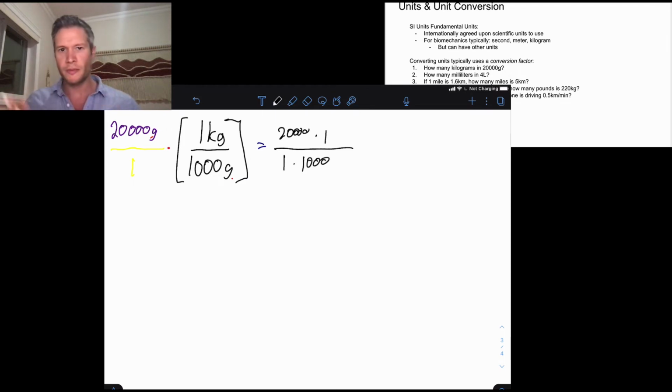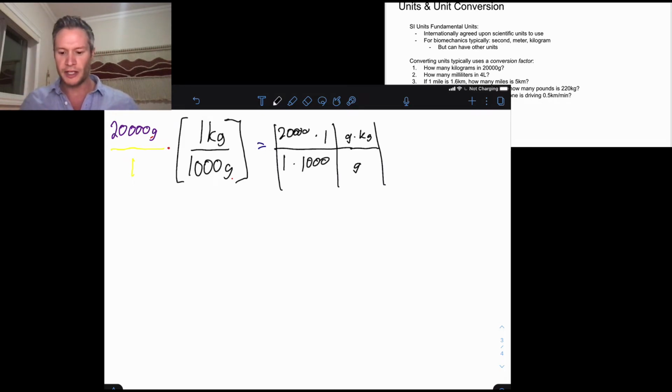So that's all the number components. And then for our units, we have grams times kilograms, and we have grams on the bottom. Again, we're just trying to separate the numbers from the units.